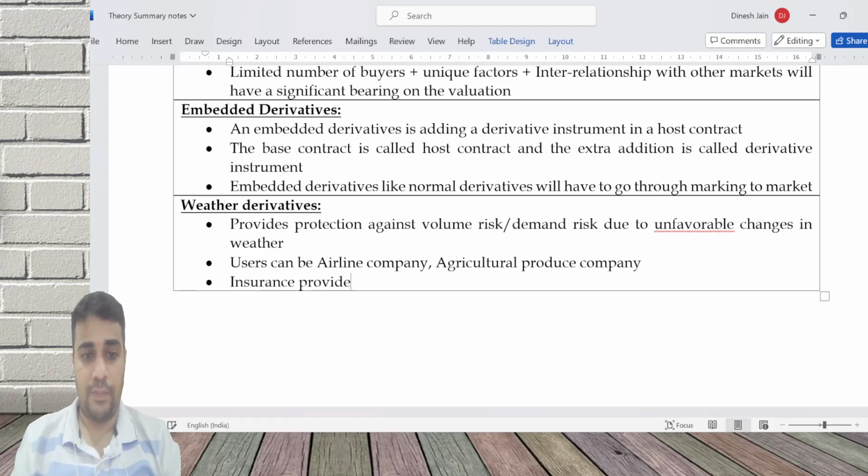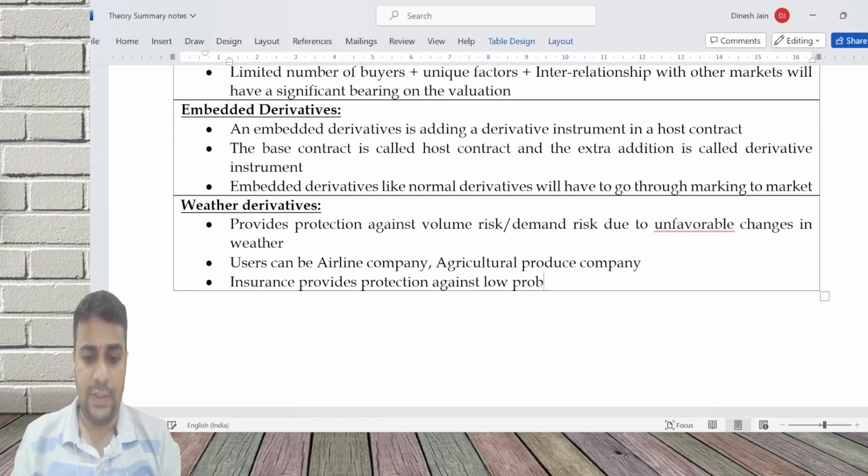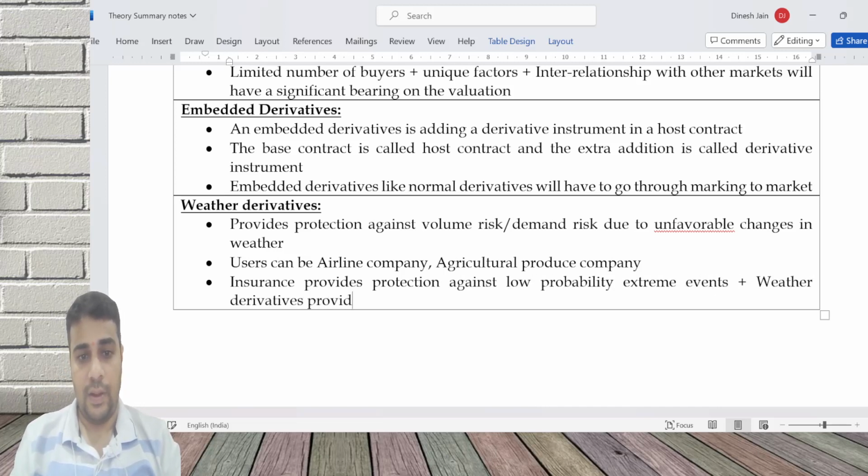Insurance provides protection against low probability extreme events. An example is the floods which happened in Chennai, which can be protected through insurance. Weather derivatives provide protection against all types of weather risks.